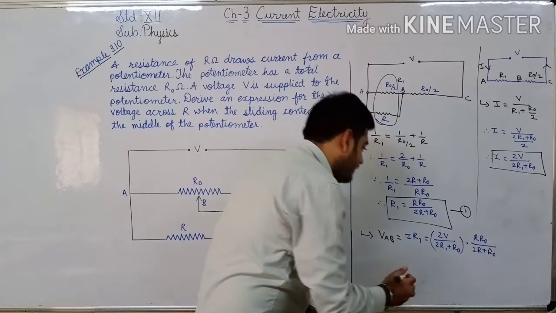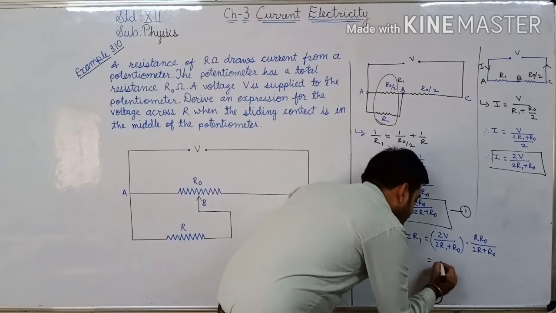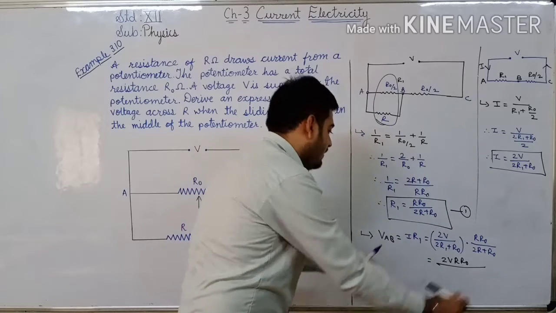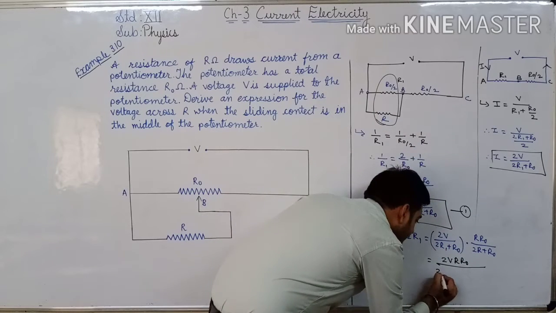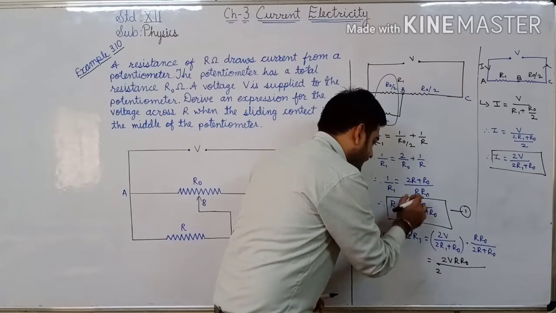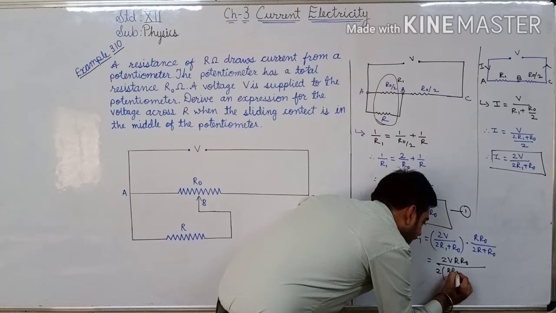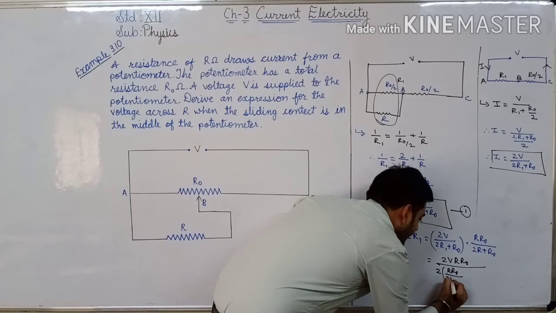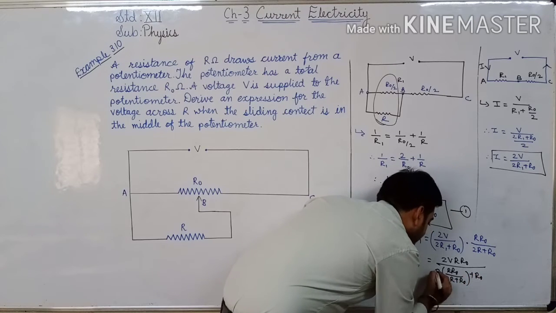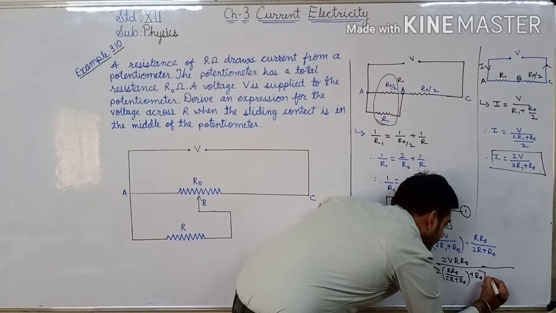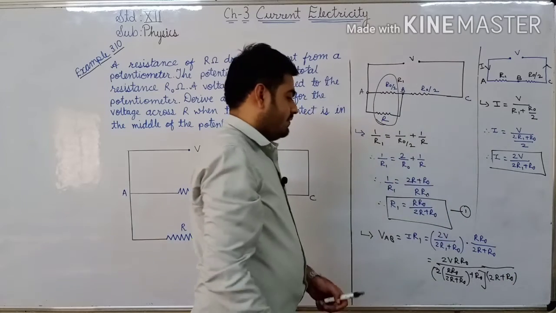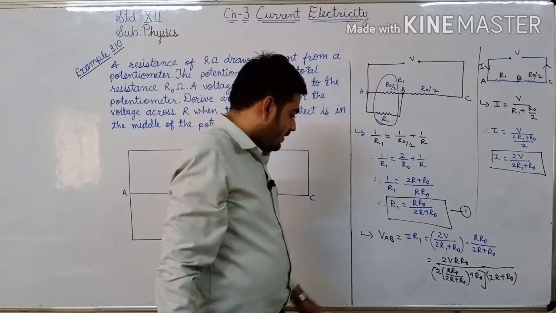Now this can be written as 2V R0 into 2R1. What is the value of R1? 2R1, R1 that is R0 upon 2R plus R0 into 2R plus R0 here.